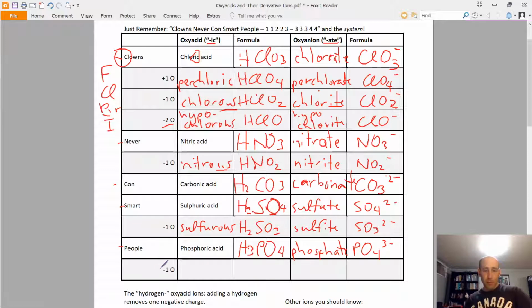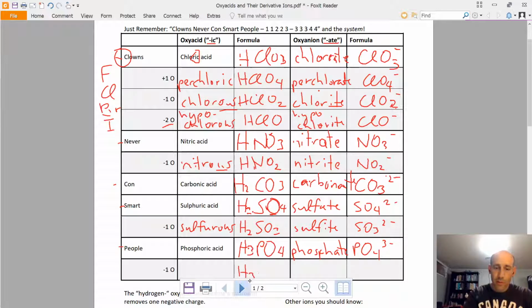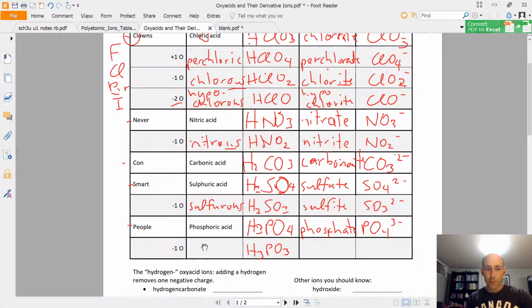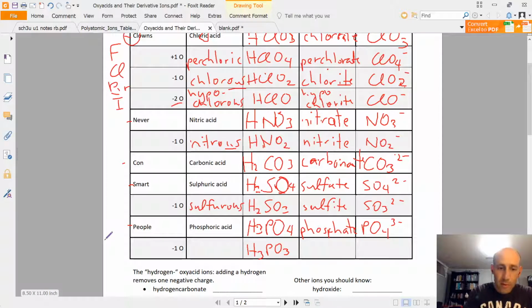Then we got the phosphorus one. Phosphoric acid, we can lose one oxygen, H3PO3. So there we go. And that will be called phosphorus acid.